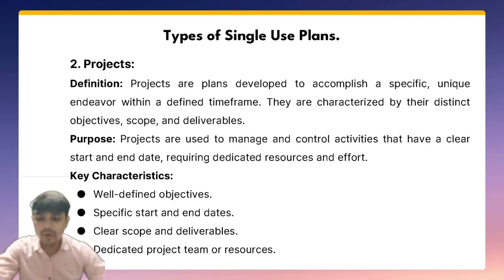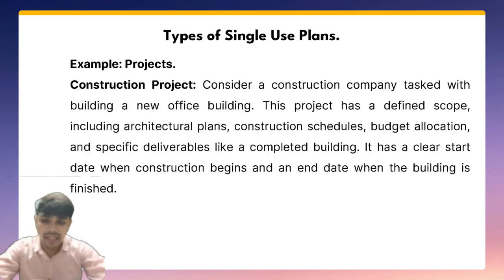Now we'll try to understand project with respect to one example. Example is about the construction project. A construction company is tasked with building a new office building, and this project has a defined scope including architectural plans, construction schedule, budget allocation, and specific deliverables like completed building. So it has a clear start date when the construction begins and end date when the building is completely finished.